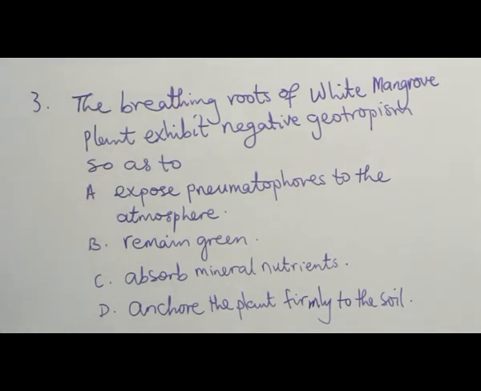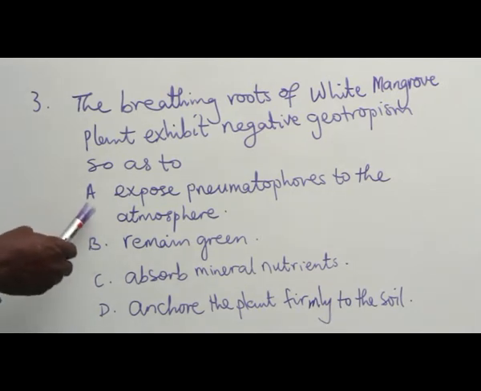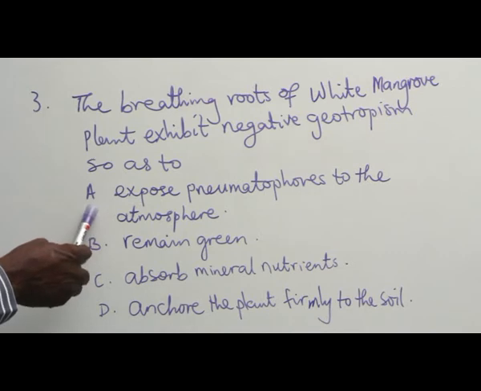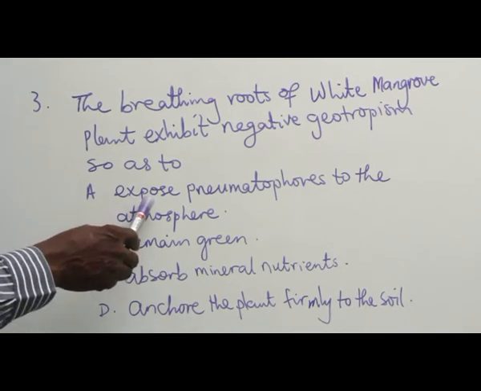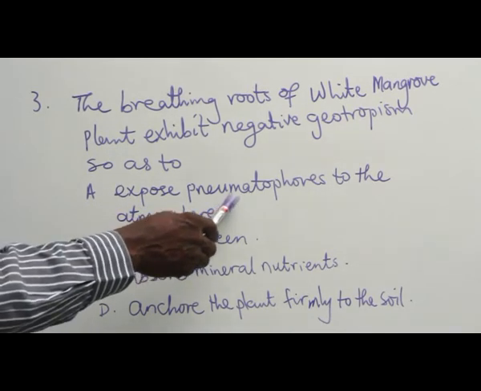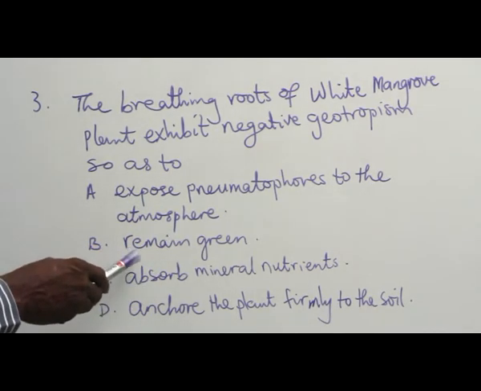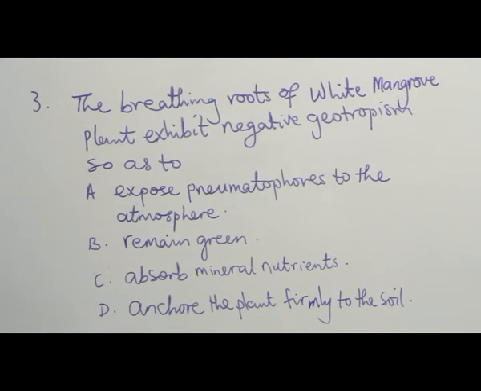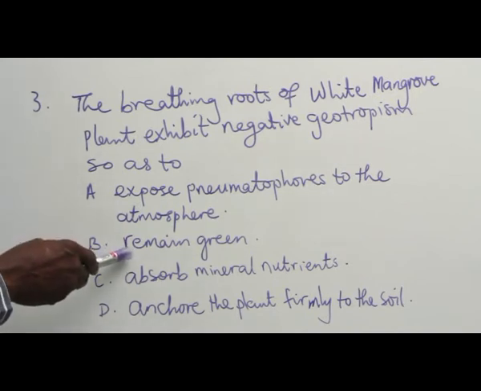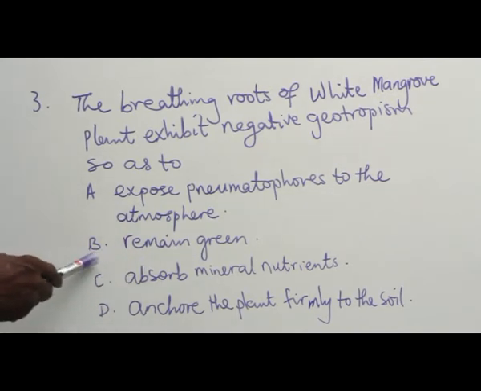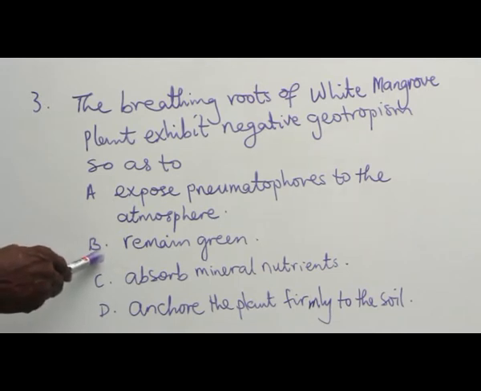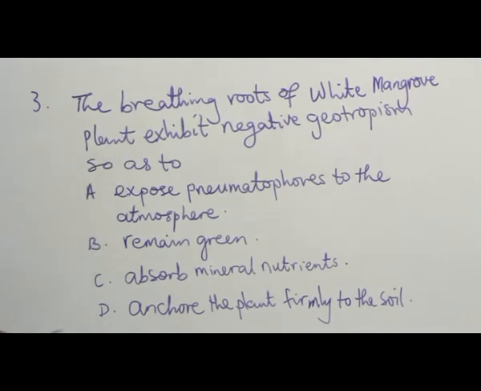Why is the root growing out into the air instead of growing into the soil? Is it because of option A, it wants to expose pneumatophores to the atmosphere? Is it because it wants to remain green? Of course, should a root be green? The answer is no. So option B is out of question already.